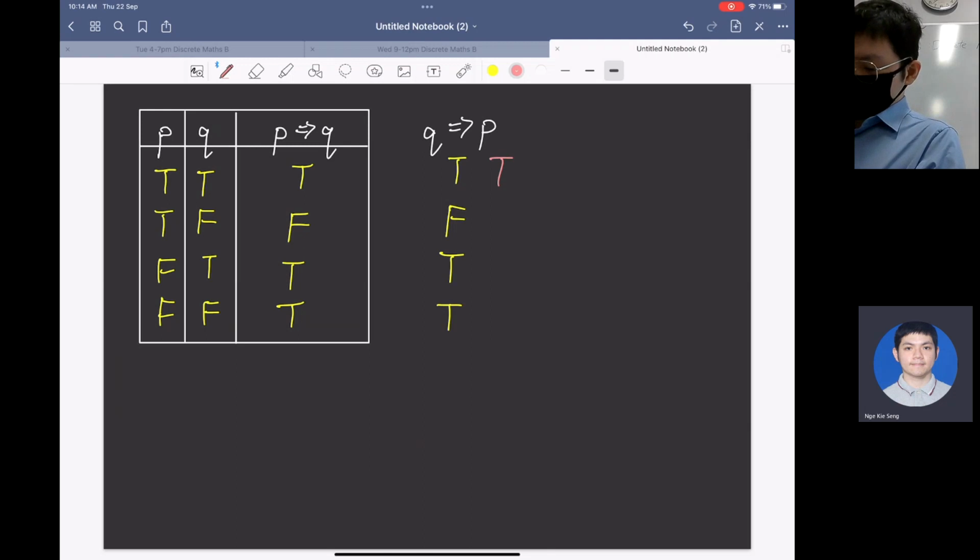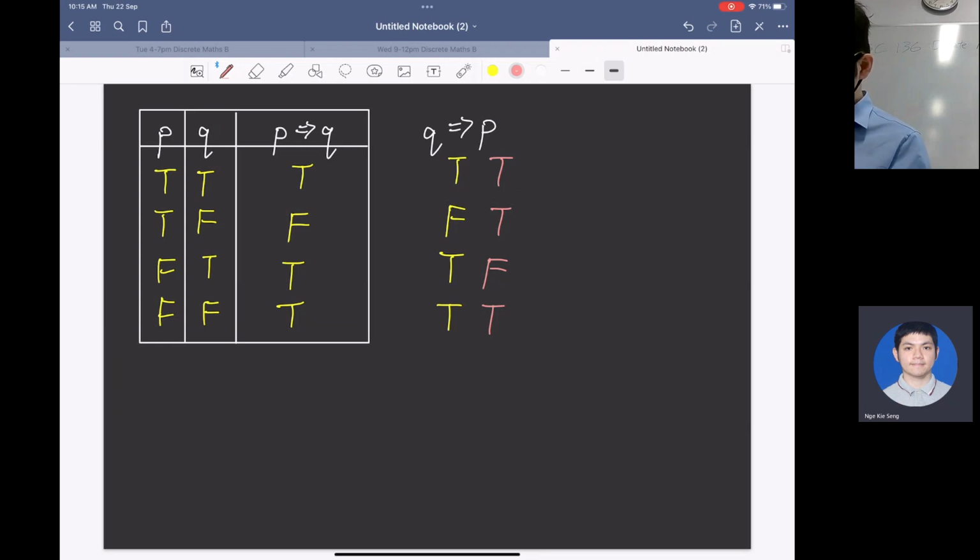False implies true. True implies false. False implies false, true. So they are different. So these two are not logically equivalent. So what I meant by logical equivalence is this.